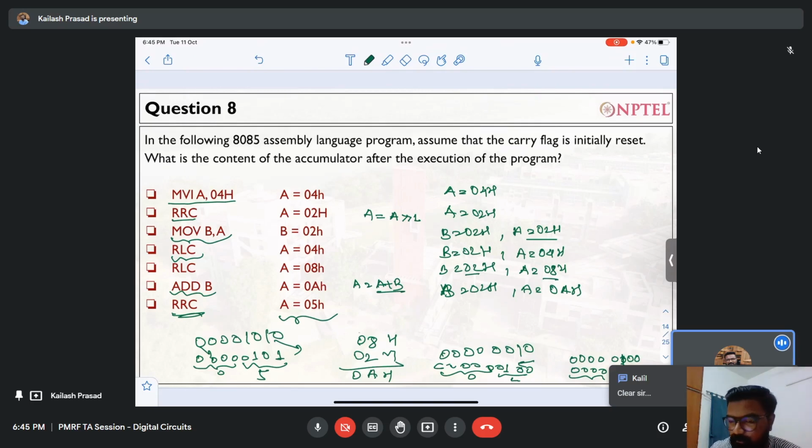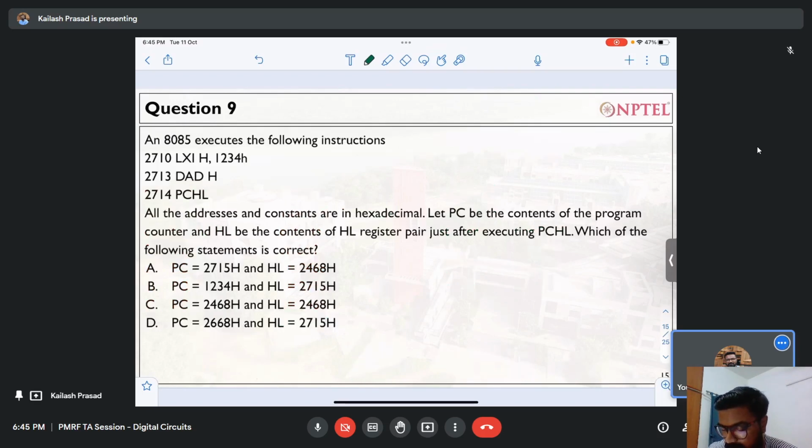Now, moving to the next question. Again, a question where we have the instructions LXI H 1234H, then DAD H, then PCHL. What has been written in the question is that all the addresses and constants are in hexadecimal.